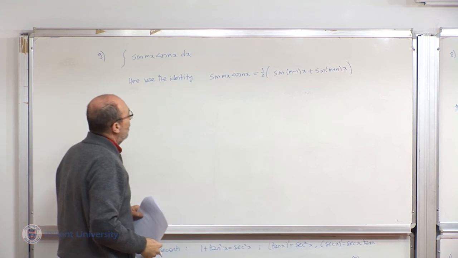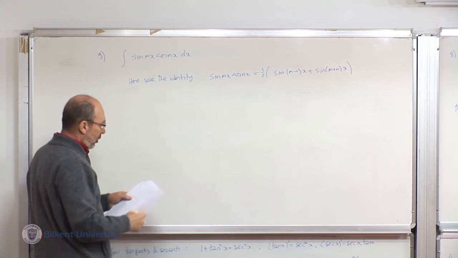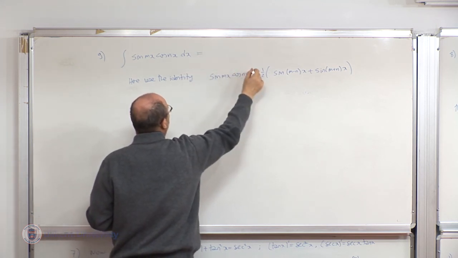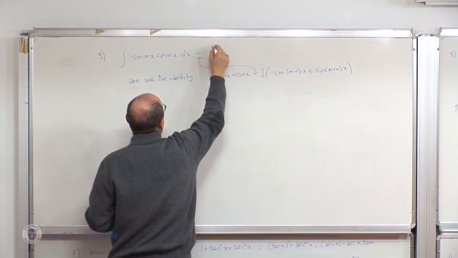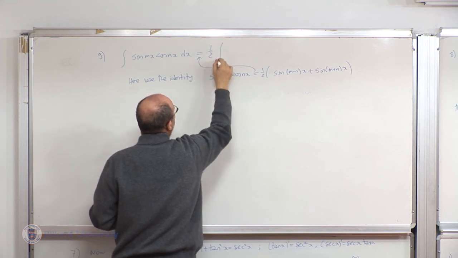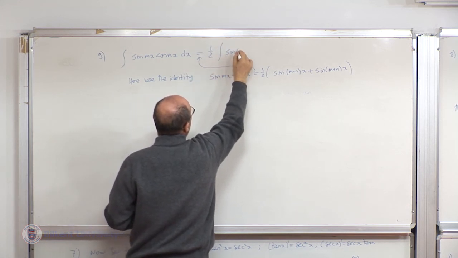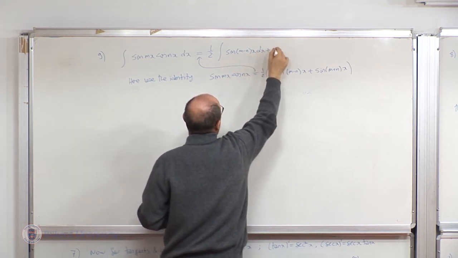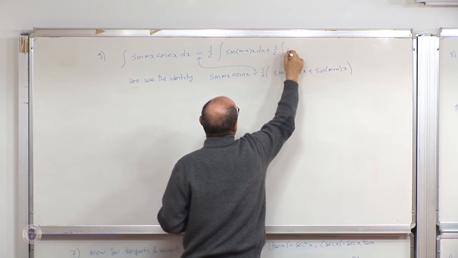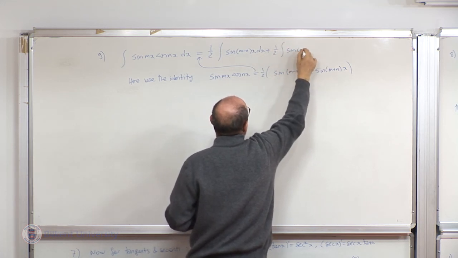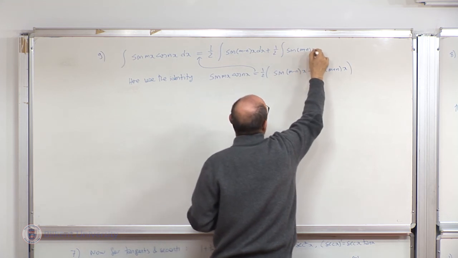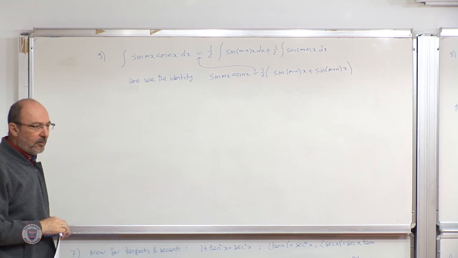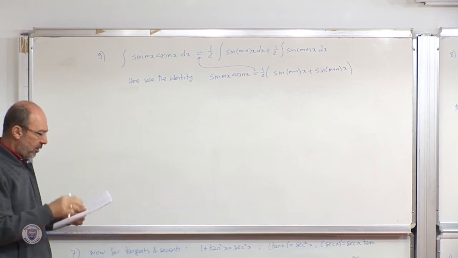Okay? So you see, once you write it, then you don't get anything exciting. You write this here, you get 1 over 2 integral sine m minus nx dx plus 1 over 2 integral sine m plus nx dx. We all know how to integrate sine.